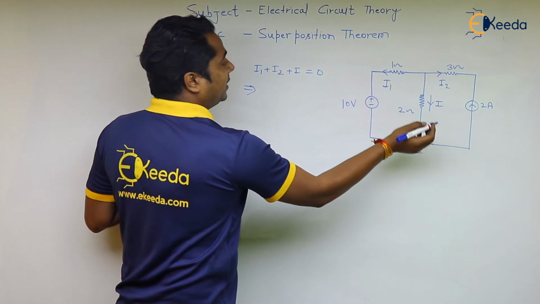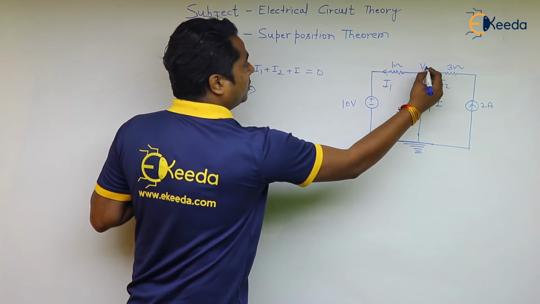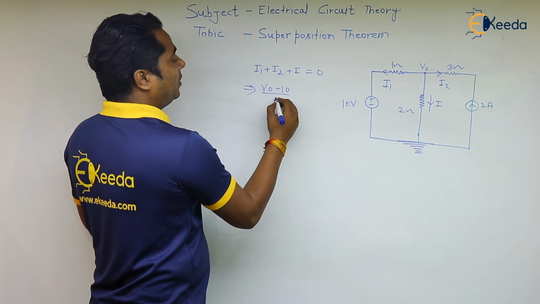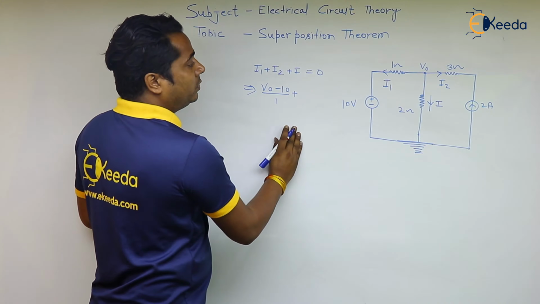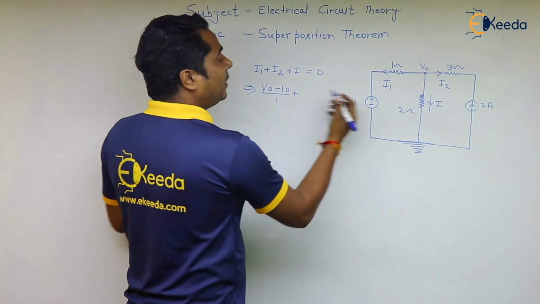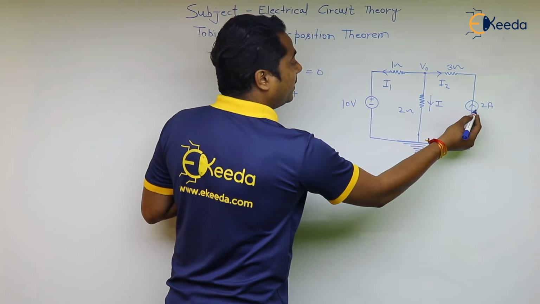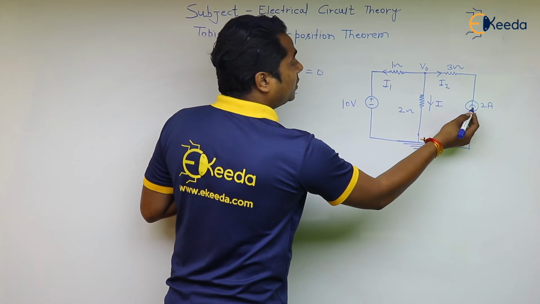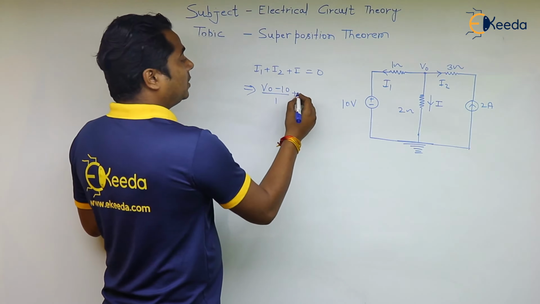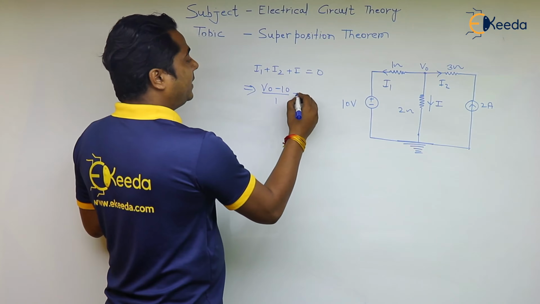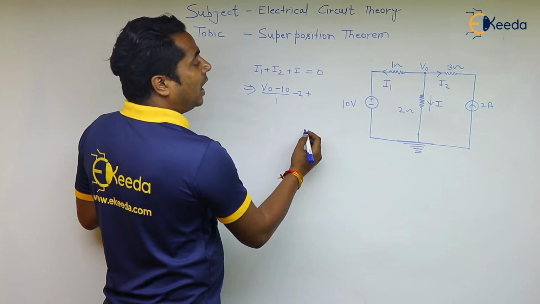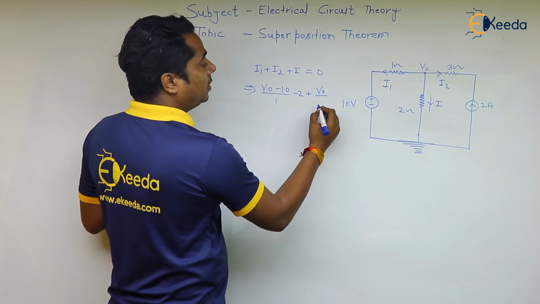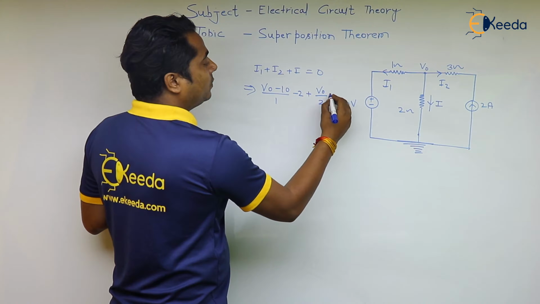The value of I1 we can write, let us assume this is V0, as V0 minus 10 upon 1. I2 is equal to minus 2 ampere because this I2 is in opposition with the 2 ampere source. And I will be given as V0 upon 2, is equal to 0.